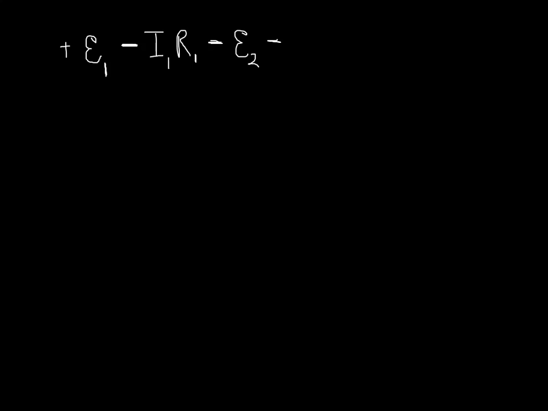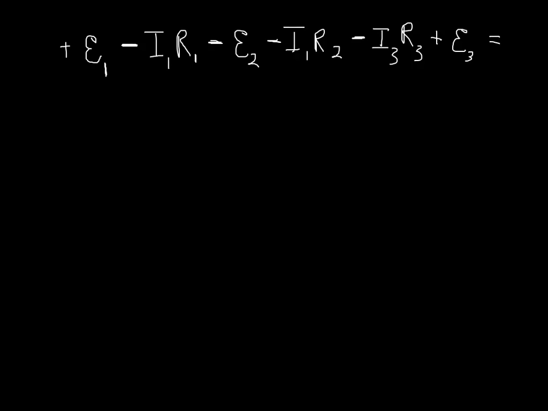My third resistor, I'm still going in the same direction as my current, so I still have that voltage drop. Third resistor, same thing. Current and loop are going in the same direction, so there's a voltage drop. And then my final battery, I'm going from a negative to a positive terminal, so I'm increasing my EMF.